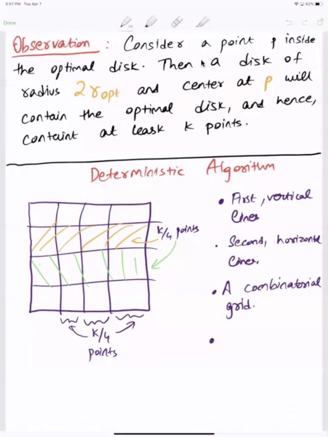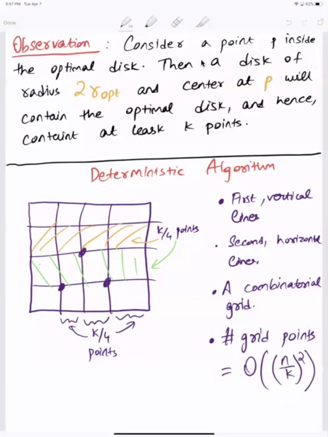So recollect that the grid points are the intersections of a horizontal and a vertical line. How many grid points will there be? It's very easy to verify that it will be order of (n over k) whole squared.